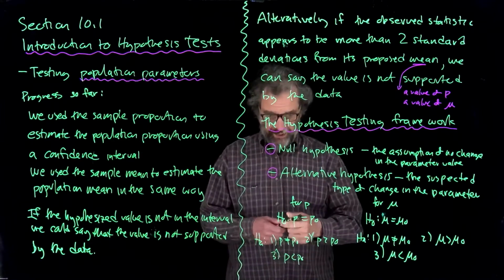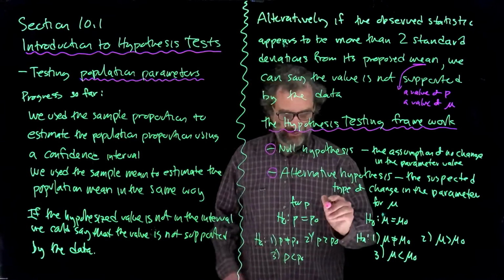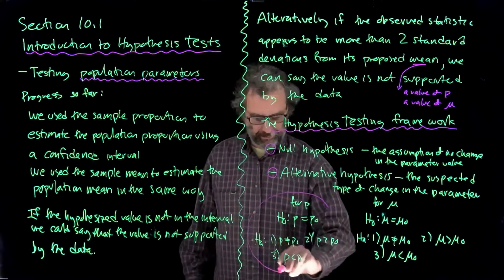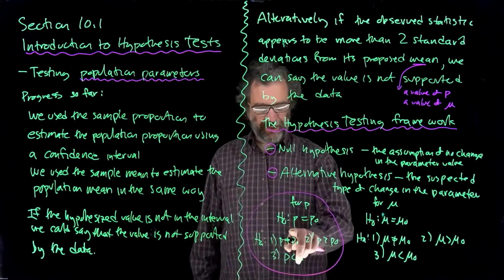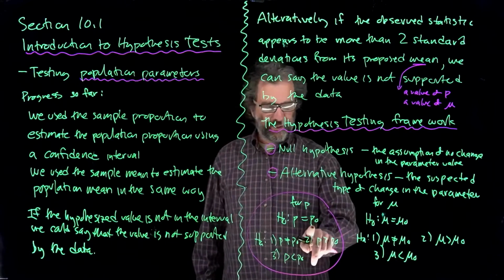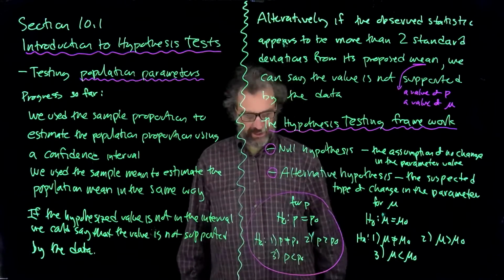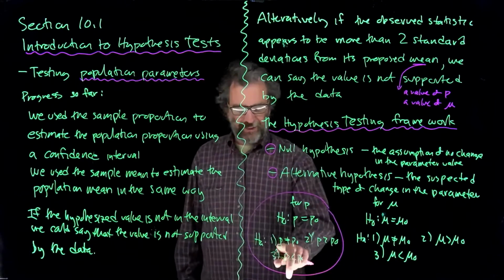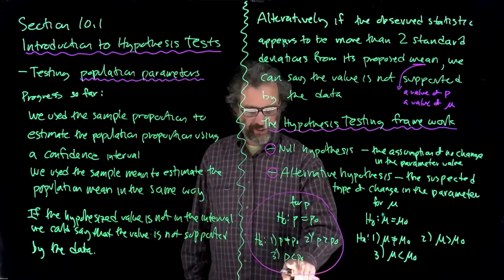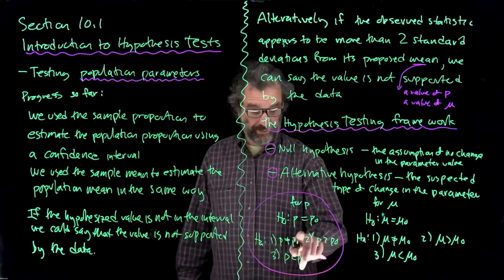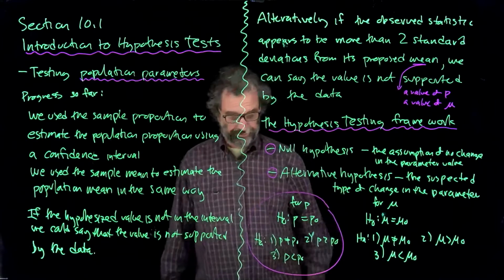So what does that look like here? There are 3 kinds of alternatives. Here's one for proportions. The null hypothesis always looks like parameter equals number. And the alternative looks like parameter not equal to, parameter greater than, or parameter less than the same number. So these numbers have to match.